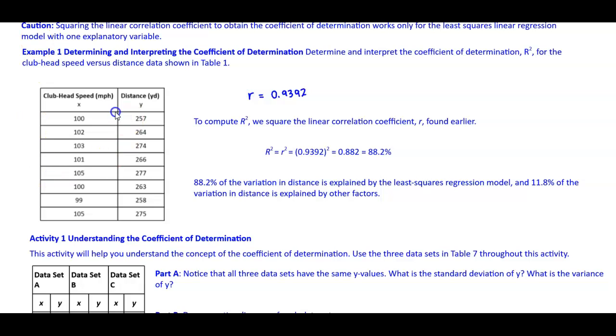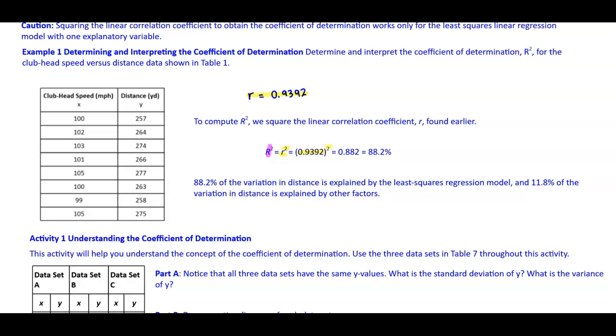So we found the linear correlation coefficient by using this data. And so what do we do with that? Well, in order to find the coefficient of determination, we need to take the value of R and then square it. The value of R is 0.9392, and then we're going to square it.